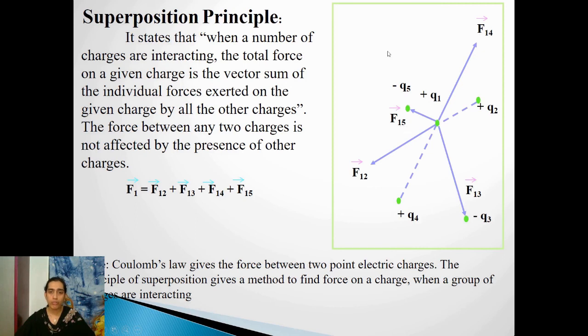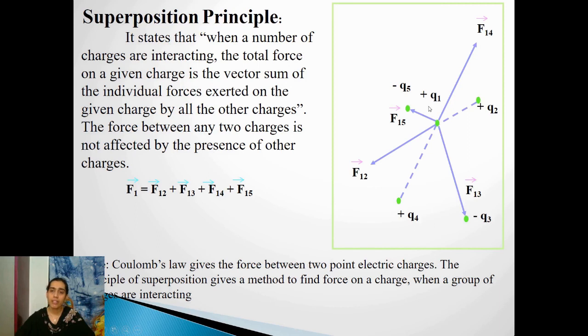So the total force exerted on Q1 will be the vector sum of all the other individual forces, right? One thing you should remember is that in this system of charges, the force acting between any two charges will not be affected by the presence of other charges.